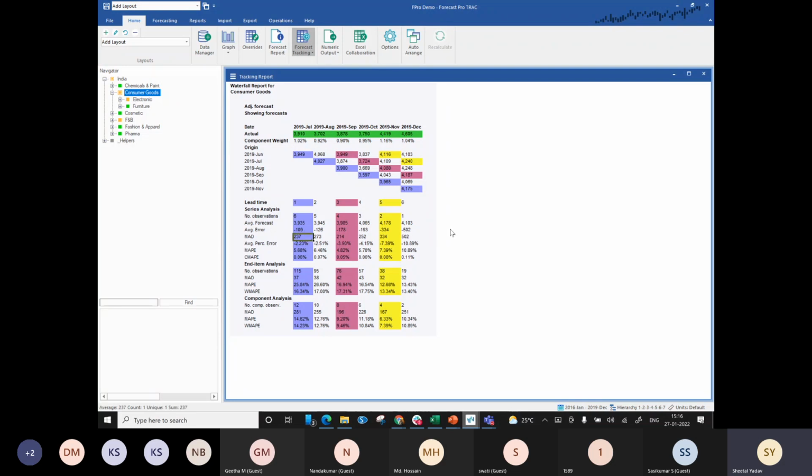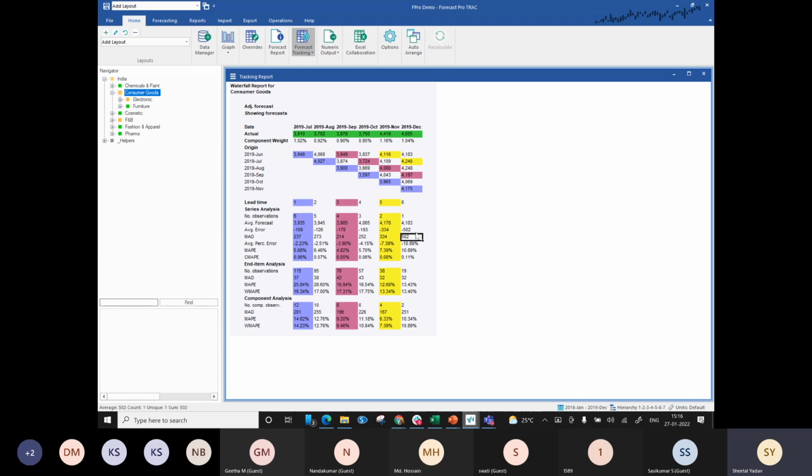Now, how does the system calculate the MAD? It basically calculates the difference between the forecast and the actual. Because I'm in lead time 1, I'm going to take that example. It will take the absolute difference between the actual and forecast with lead time 1 and divide that by the number of observations. That's the formula for my MAD. That's the mean absolute deviation over a period of time.